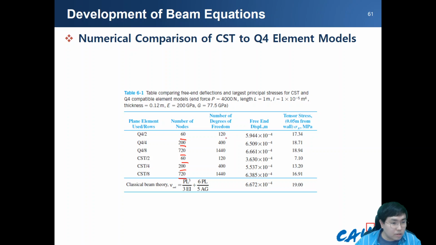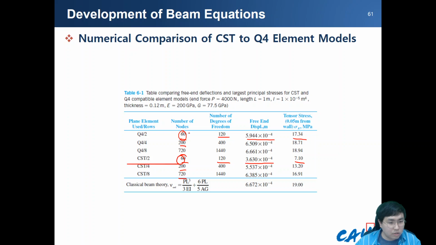Where is the QPO element? We use a 6 node element. If we use the same number of nodes, the degrees of freedom are also similar, but the displacement results are quite different. So the stress tensors are also quite different.